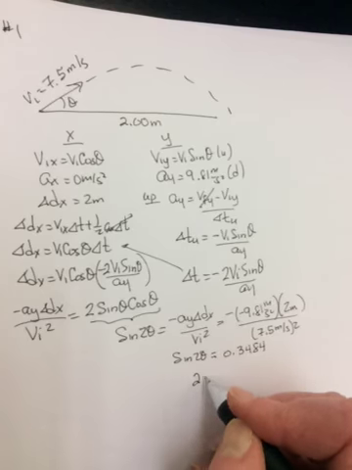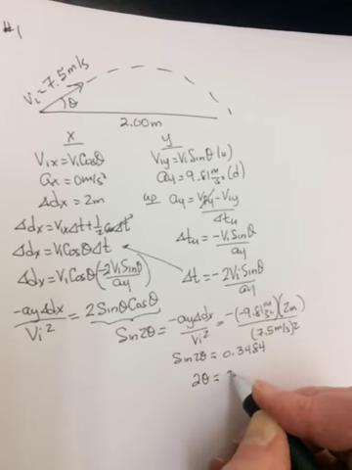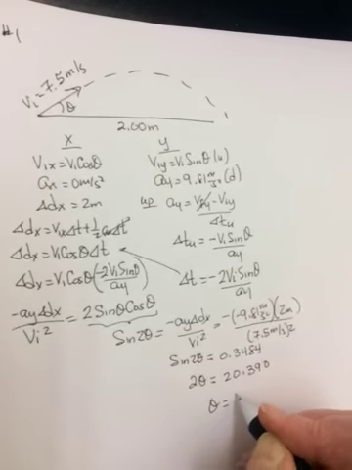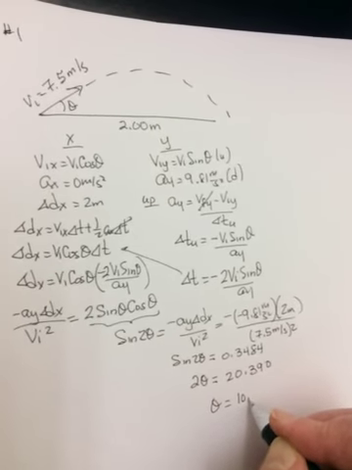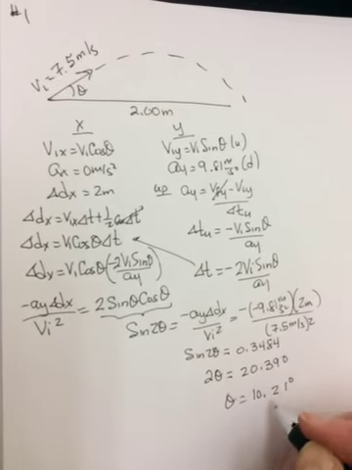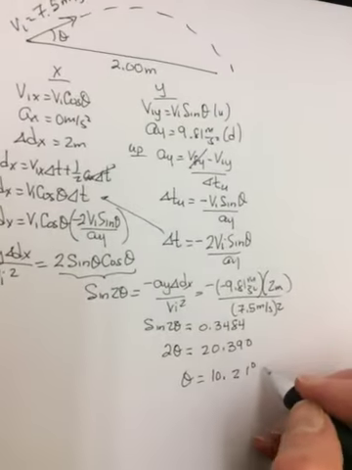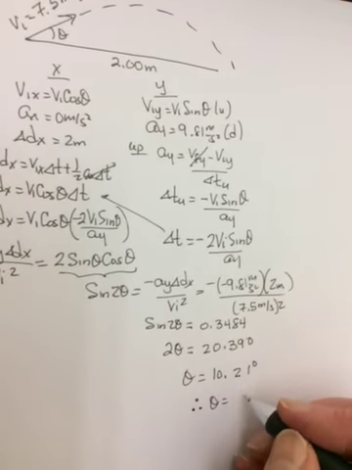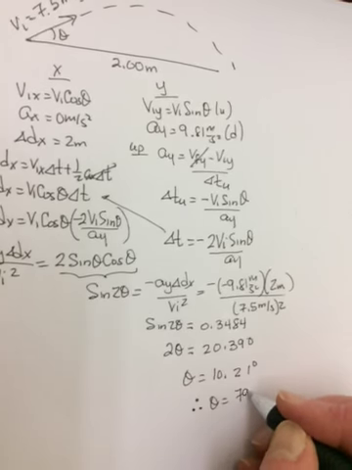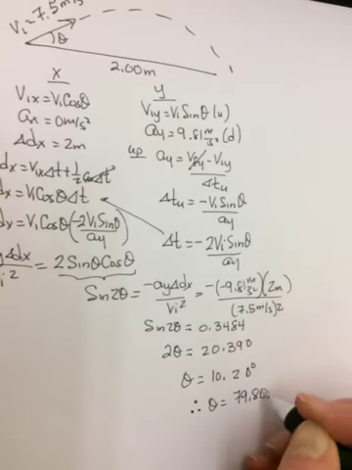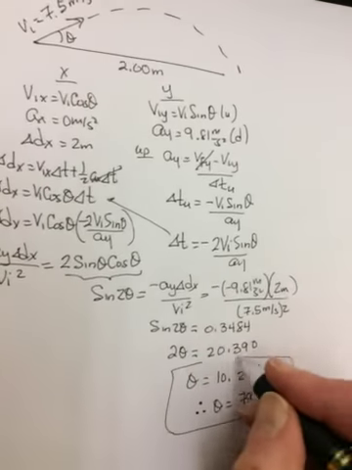Take the inverse sine of both sides and get 2 theta to equal 20.39 degrees. So theta is equal to 10.21. I must have screwed up somewhere because that's not half. And then therefore the second theta would be equal to 79 point, maybe that's a 0.8. Okay, so there are my 2 thetas.